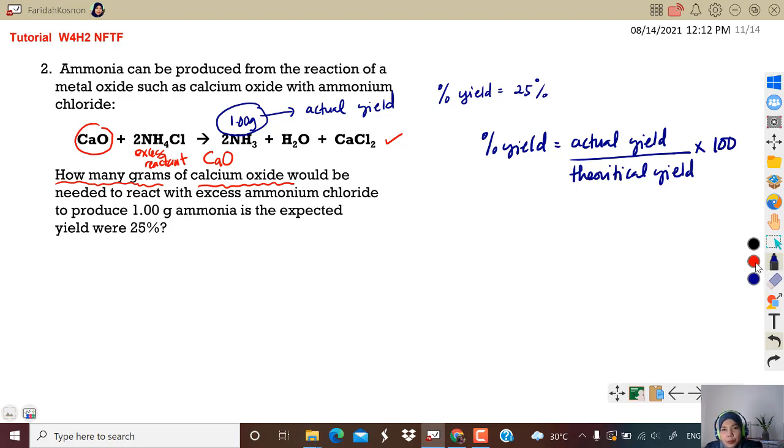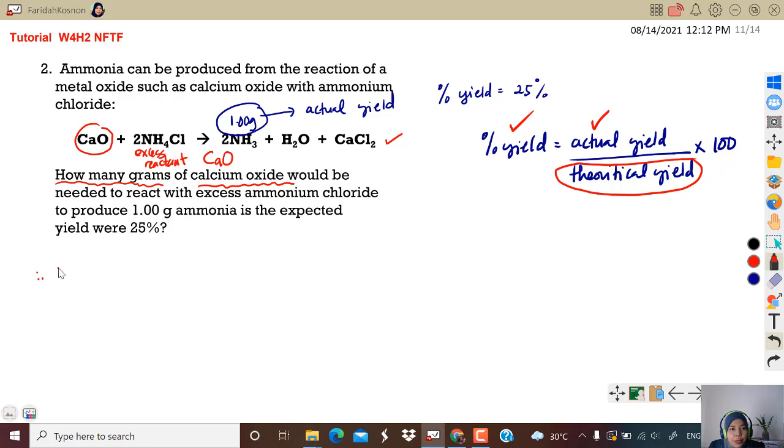Disebabkan kita sudah ada actual yield, kita sudah ada percentage yield, so from this information, actually kita boleh tentukan theoretical yield. Jadi kat sini, from this formula, tulis dulu formula itu. So, we can determine the theoretical yield.